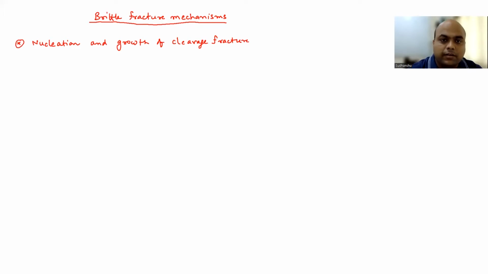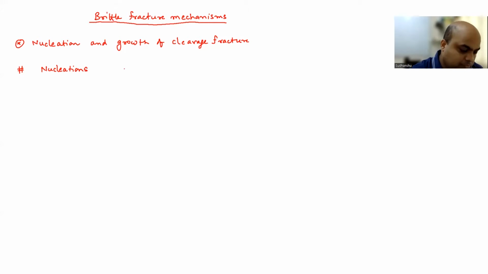Cleavage, I have already discussed that the fracture is occurring along a particular plane. So it's like cleaving, right? So this is called cleavage fracture. We will first talk about the nucleation part, and then we will talk about the growth, where I am going to introduce you to different kinds of patterns which can be formed during cleavage fracture.